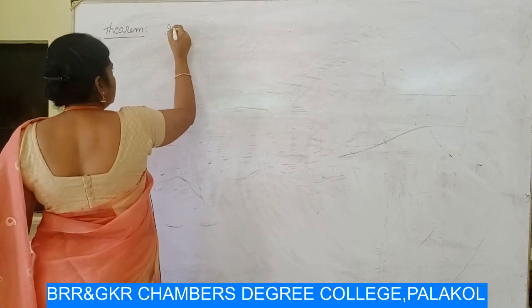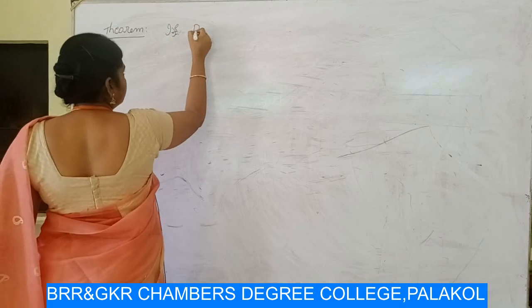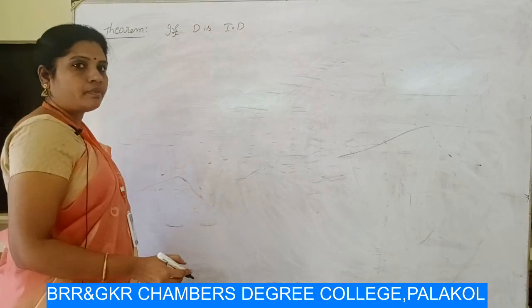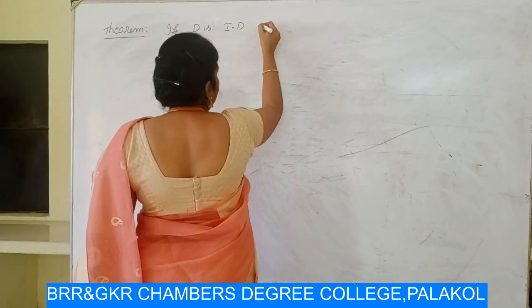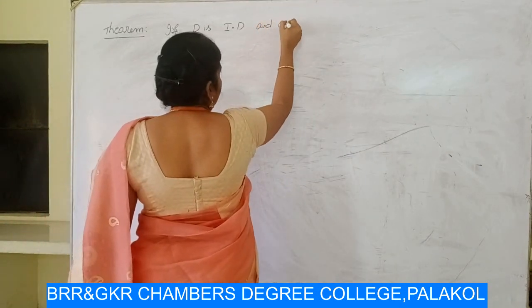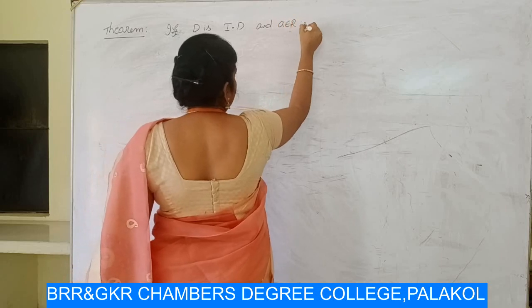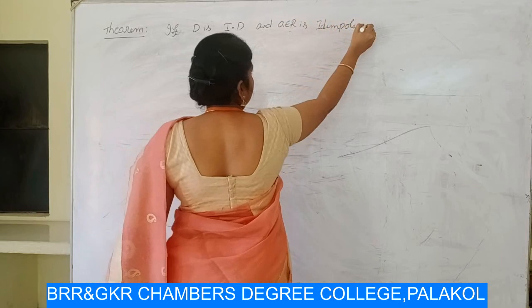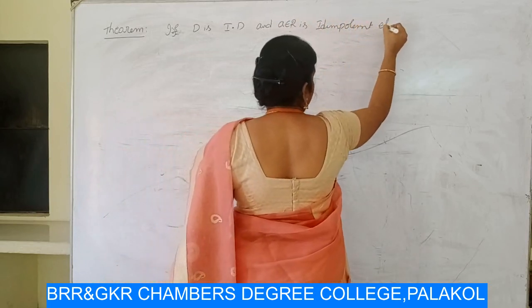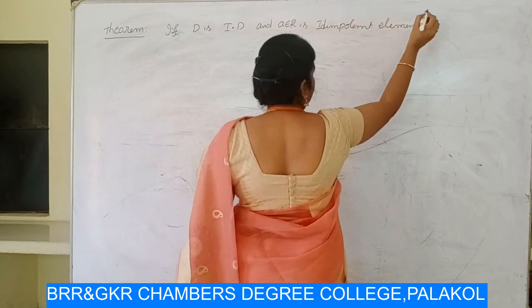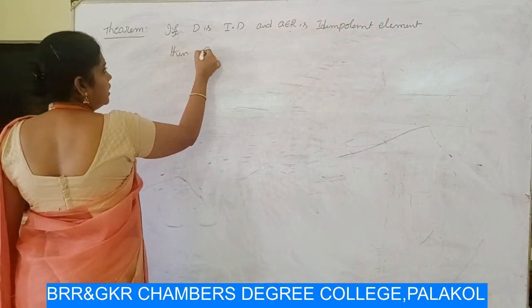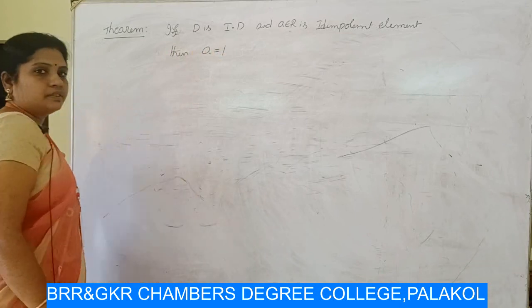If D is an integral domain and A belongs to R is an idempotent element, then A is equal to 1.